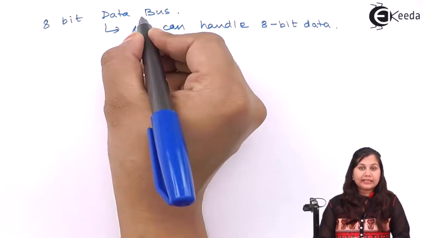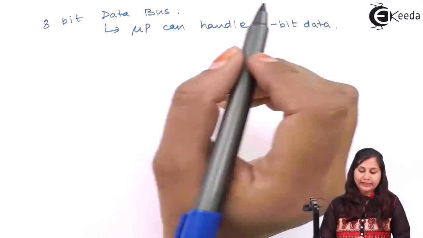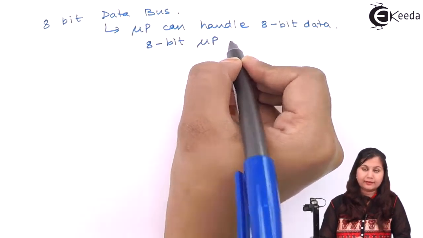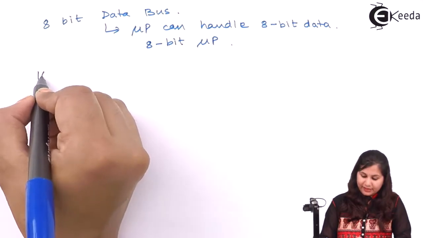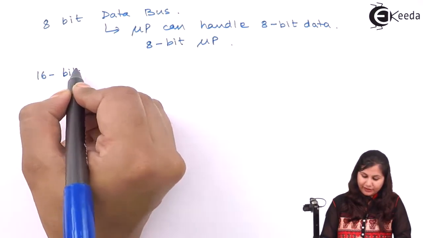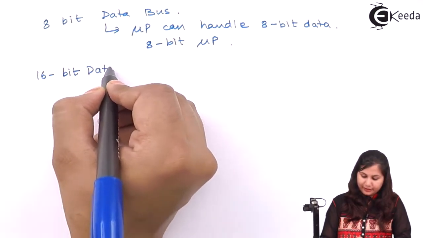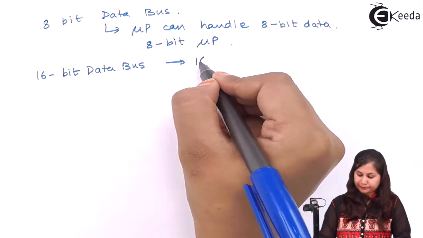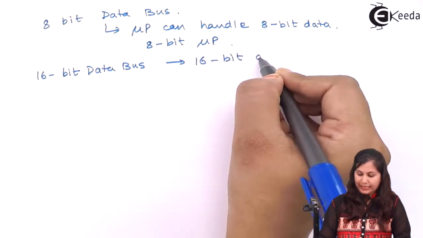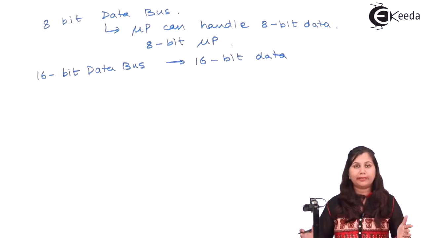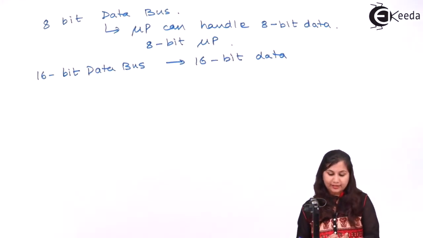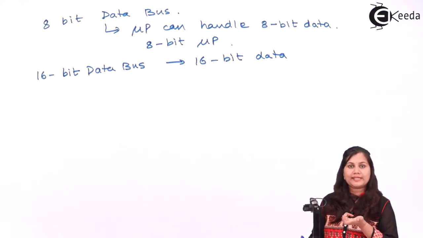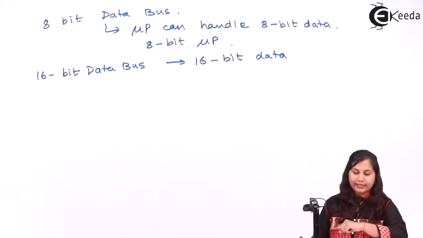So if it has an 8-bit data bus handling 8-bit data, it will be an 8-bit microprocessor. Similarly, if the microprocessor has a 16-bit data bus, it will deal with 16-bit data and will be called a 16-bit microprocessor. This is how many bits of data the microprocessor gets as input.